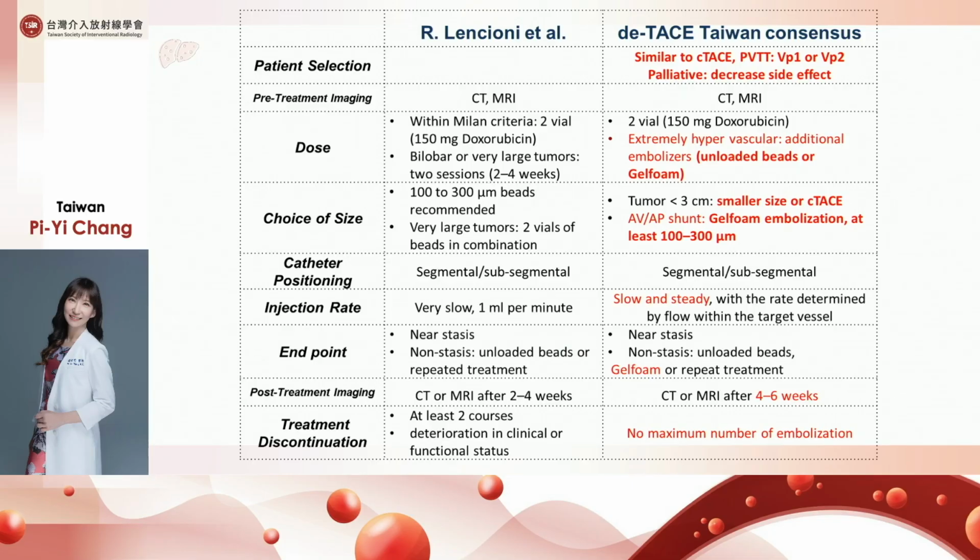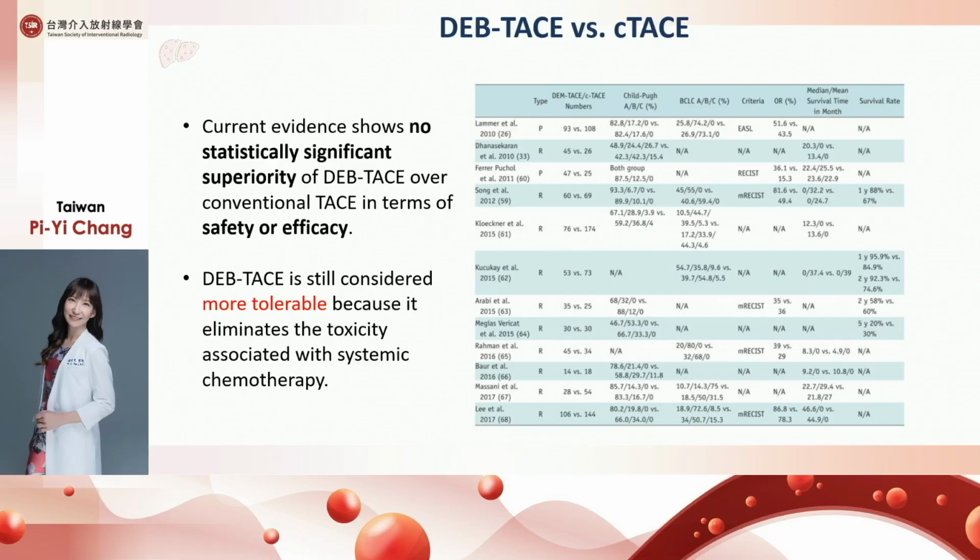At that time, we try to add some embolic agent, like unloaded beads or gelfoam. And about how many times we can do DEB-TACE: there's no maximum number of embolizations if the patient can tolerate it, and we can target the tumor as we want.